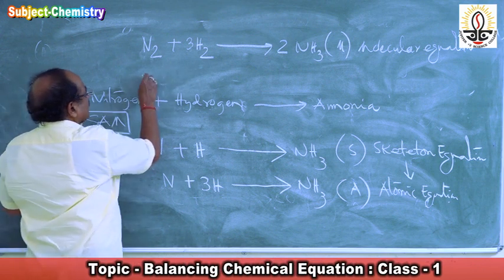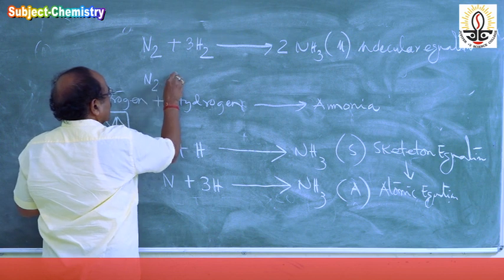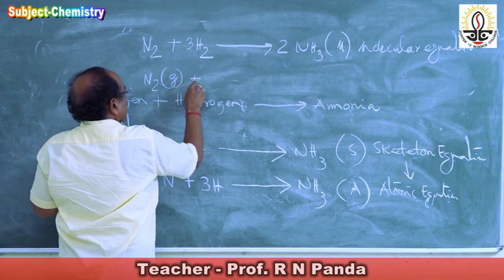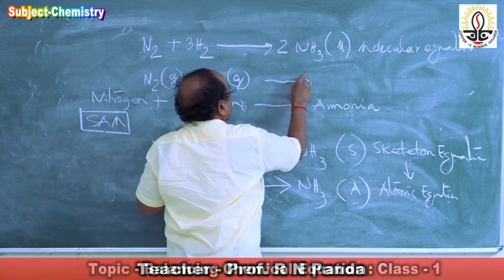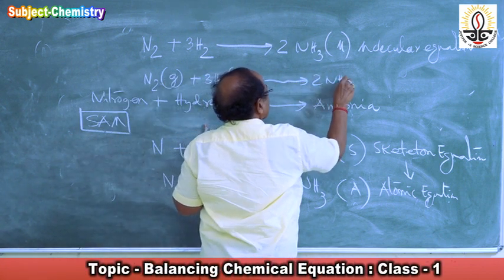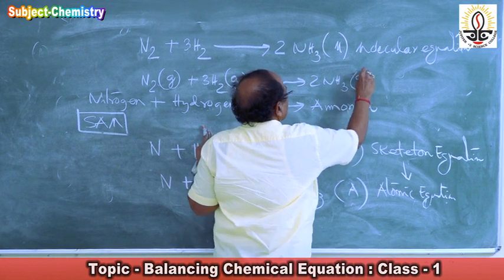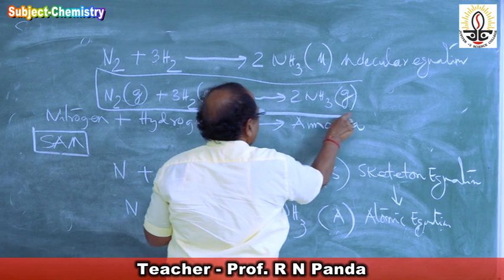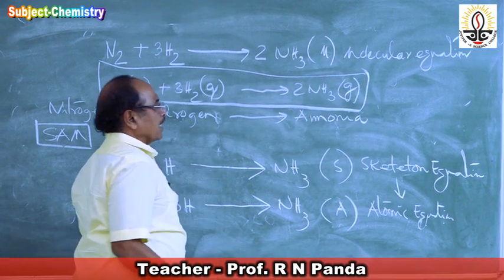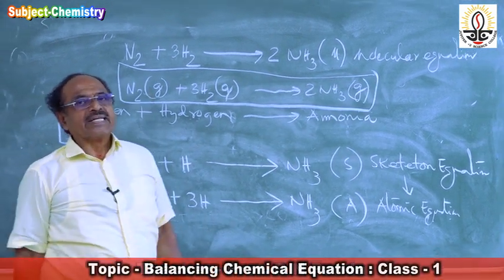If I want to put it in a better form, what will I do? I will write nitrogen gas, then hydrogen gas, then ammonia is a gas. So this explains everything of my chemical reaction. So a balanced chemical equation always represents a chemical reaction completely.